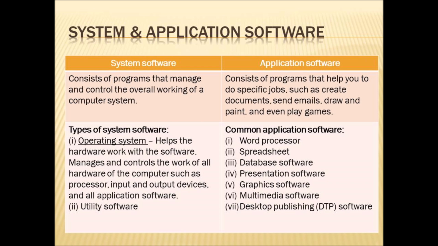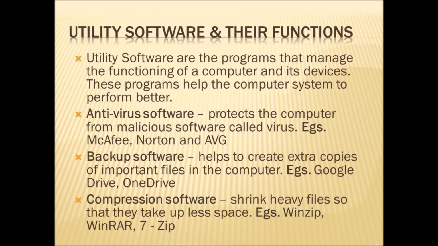Multimedia software is used for combining the text, picture, images, cartoons, etc. The last one is desktop publishing software. It is used for DTP works, that is office works. This is the difference between the system software and the application software.